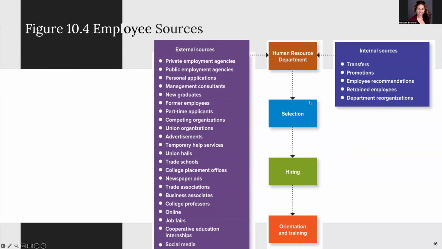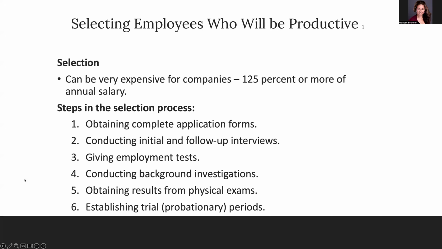Selection is the process of gathering information and deciding who should be hired under legal guidelines for the best interests of the individual and the organization. Selecting the right employees can be incredibly expensive to the company. The general selection process contains receiving applications and conducting initial and follow-up interviews.